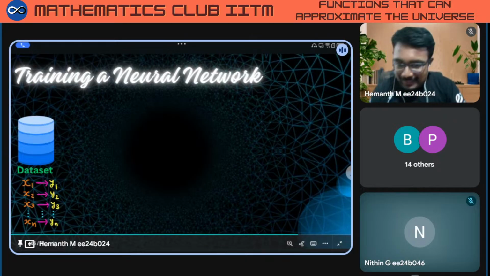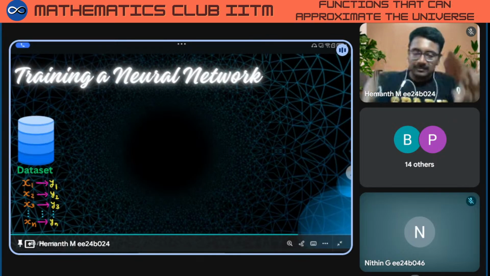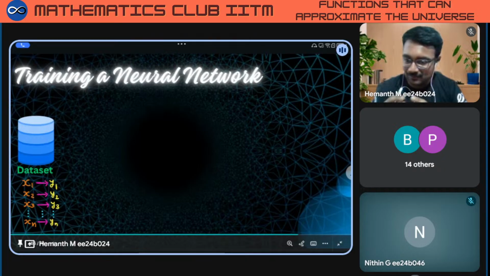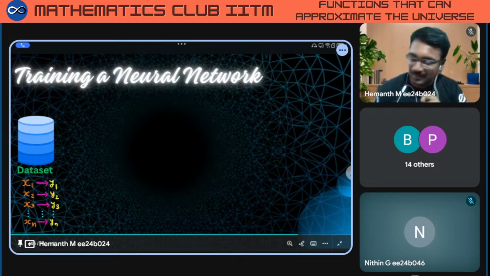So we have some network architecture, where we decide the hidden dimensions and all. Initially the weights and biases, the parameters, are randomized. We start off with some random values, and the goal of this training process is to learn the parameters which will map this particular function.